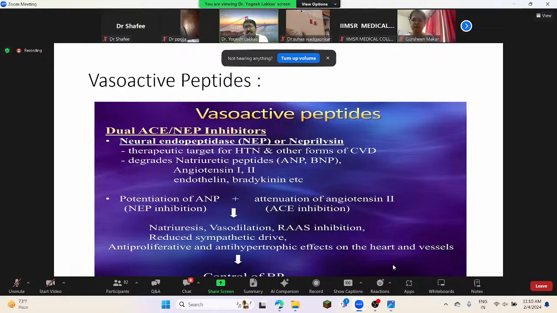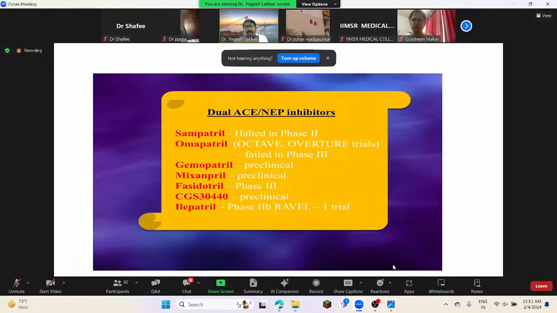If we target this level, the ANP and BNP levels will be maintained. Sodium excretion and diuresis would be there, and that will help us in treating hypertension. This is one of the newer molecules or newer levels where we'll be acting upon, and neprilysin inhibitors are being tested in clinical trials.